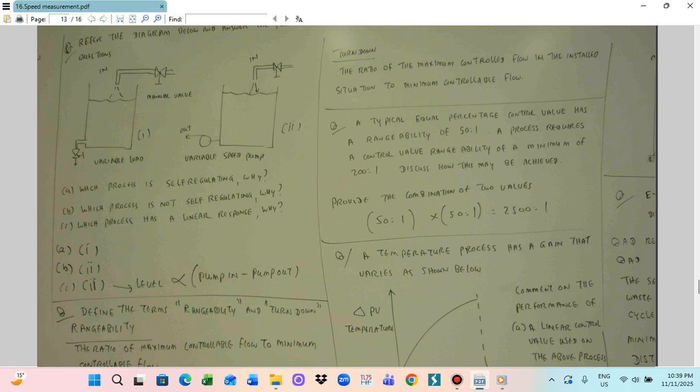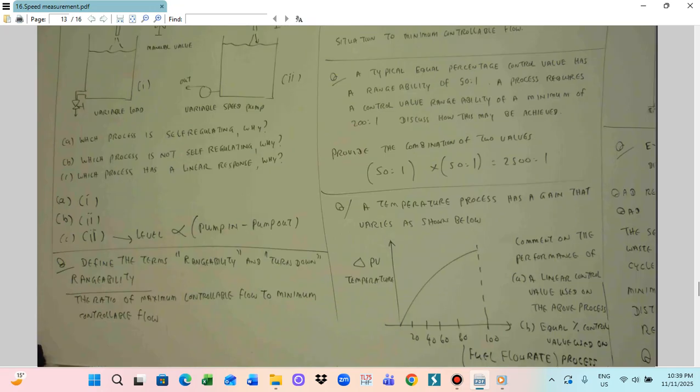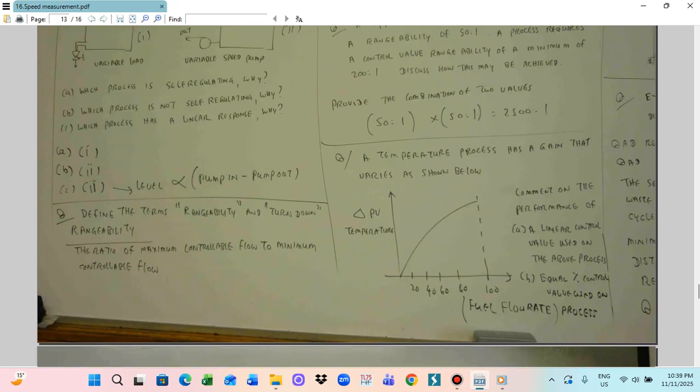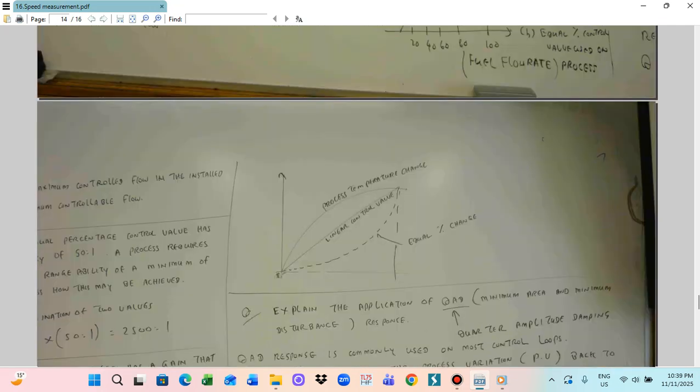That's the system. When the temperature is changing, the gas flow rate changes as well. So in this case, if you use an equal percentage control valve, what will happen? Let us see. This curve is not linear, it goes this way. This is the original process curve, and this is the temperature change.